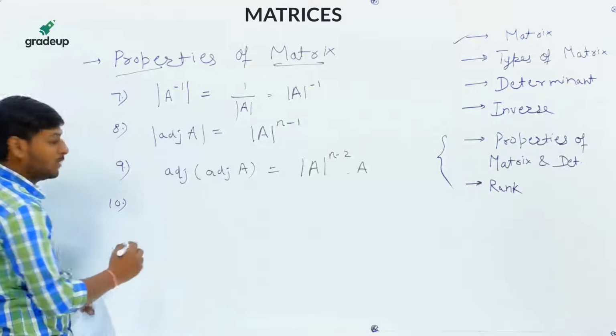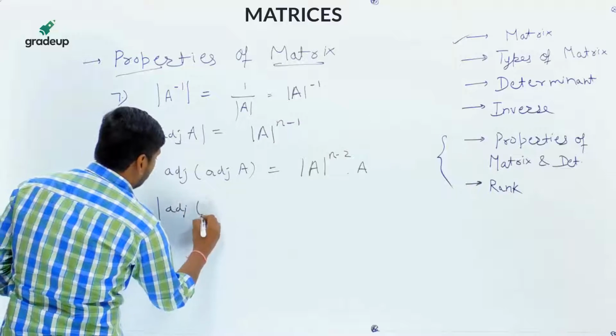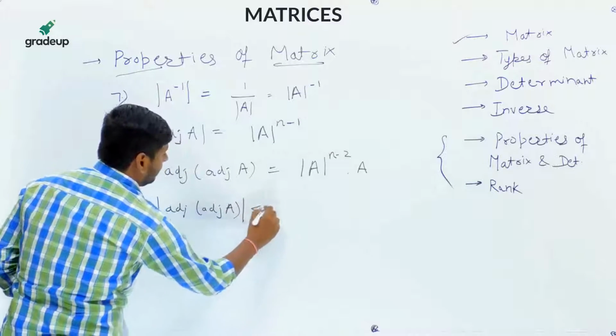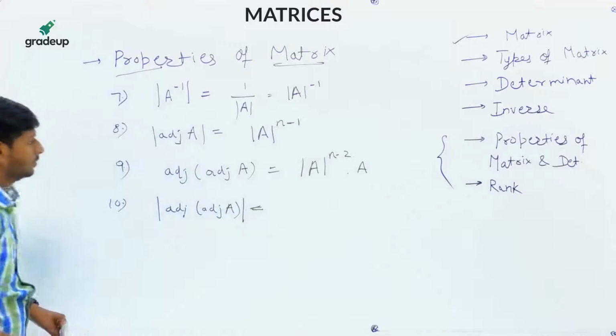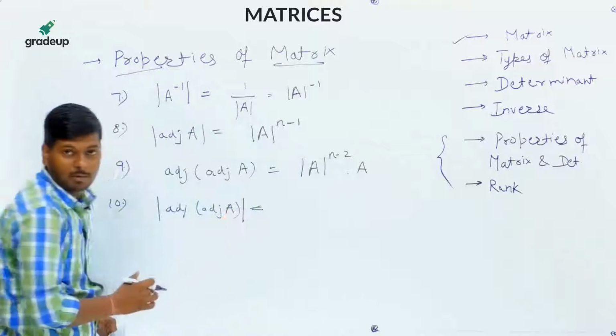This is also a very important property. What is the determinant of adjoint of A?